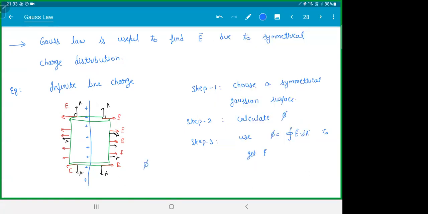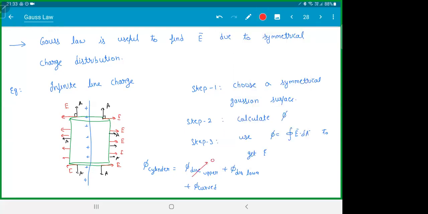So here the flux in the cylinder will be the flux on the two discs, upper plus lower, plus the flux on the curved surface.